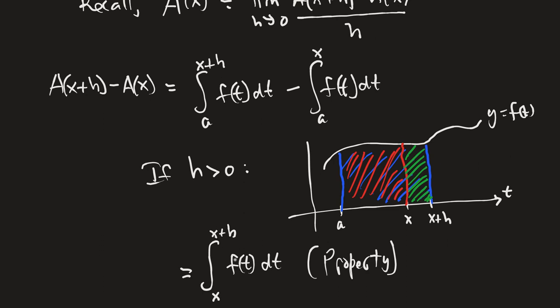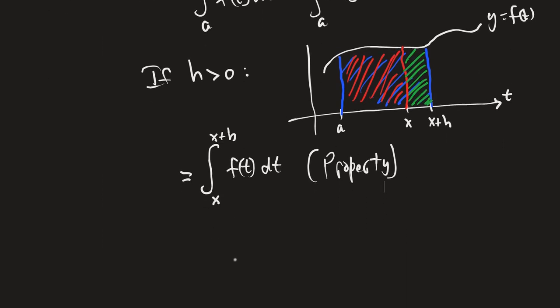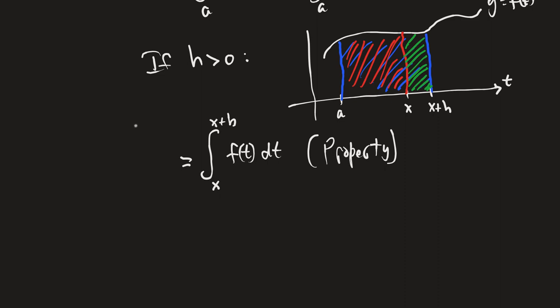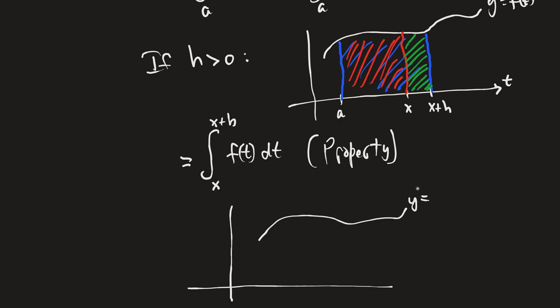Now what I'm going to do is draw another area that illustrates just this. Basically the green, I'm going to draw it in an expanded form so you can see it a little bit more clearly, right? So here is the graph, and f of t dt.